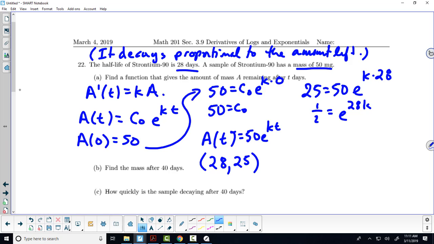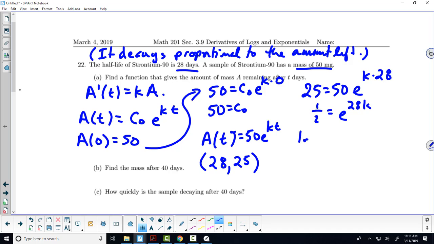What should I do to solve for k? Natural log. We're trying to solve for k, right? Where is k? It's a power inside of an exponent, right? How do I get the power separated from the base? What do you say, Maggie? Take the log. Exactly. If we take the natural log of both sides, then I can pull the power away from the base.